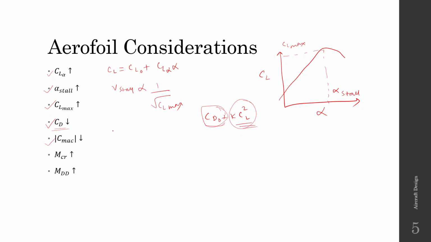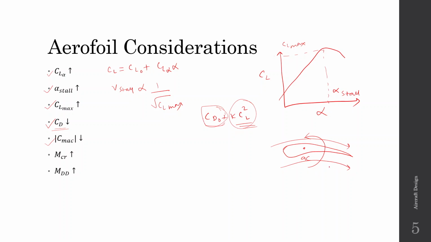So as long as we are only talking about aerofoils, this is the term that we are talking about. Then we want the Cmac to be as low as possible. So the Cmac indicates the pitching moment of the aerofoil. When you have a cambered aerofoil, which is usually the case, this produces a pitch down moment about the aerodynamic center. So we want this pitching moment to not be very high.